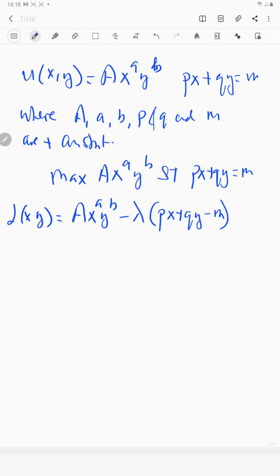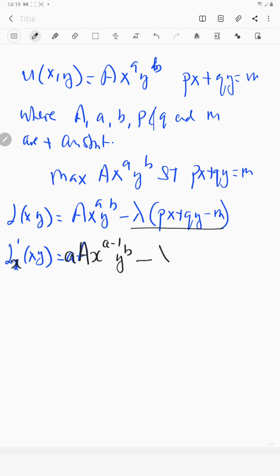So you take that as the Lagrangian function. Then I differentiate with respect to x. I only concentrate on where there is x, so I have a A x to the power a minus 1, y to the power b, and then minus lambda p, which is equal to 0.